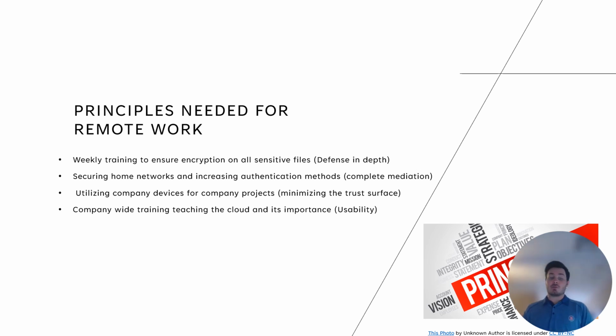We need to utilize company devices for company projects, take away those personal devices, because we need to minimize the trust surface and only allow company work to be done on company devices. And then we need to do company-wide trainings on the cloud and the cloud's importance, so that the usability is more streamlined for our employees.